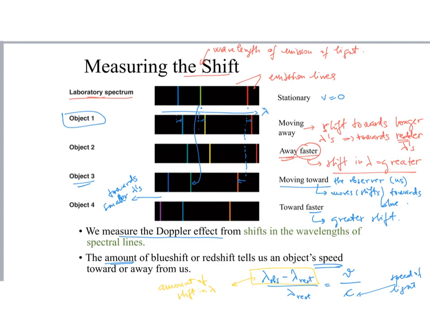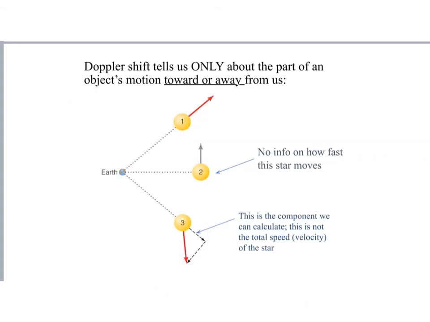All right. Now, a cautionary point. The Doppler shift is important, but it only tells us about the part of the motion that is either towards or away from us, which is great if the object is moving like object number 1 here. It's clearly moving away from us. For example, object number 2, there is no motion either away from the Earth, us, the observer, or towards.